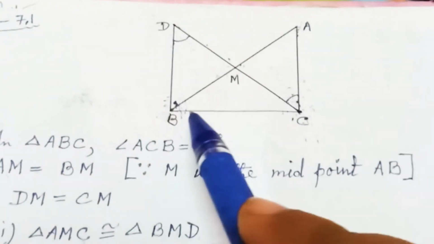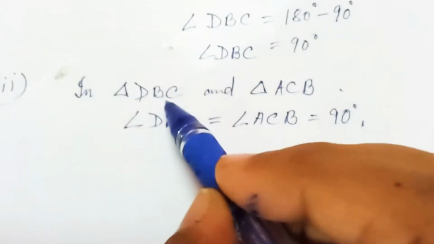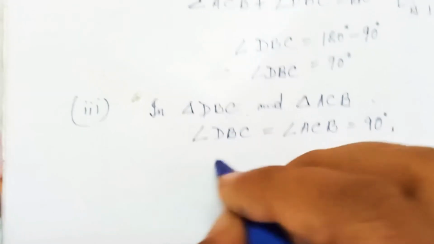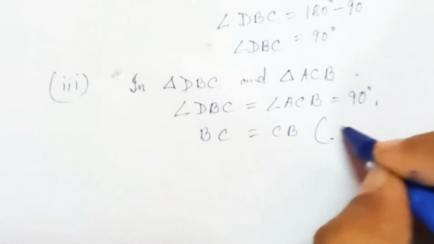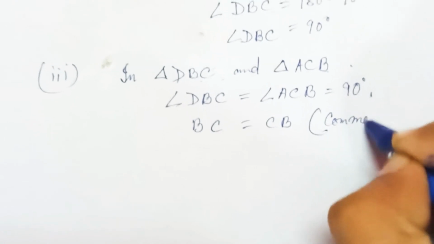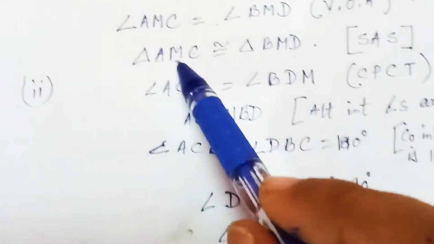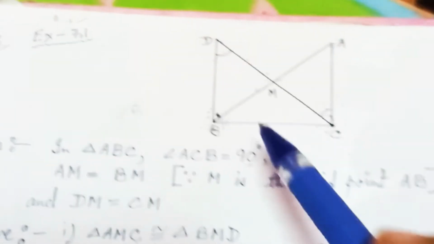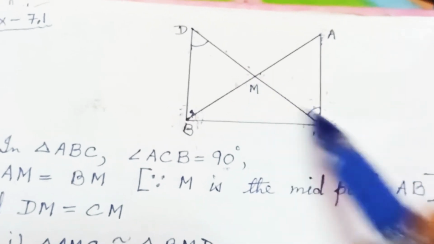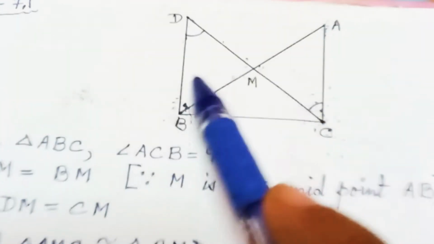Then this side BC is common in both triangles. So BC equals CB. And we have proved that triangle AMC and triangle BMD are congruent.